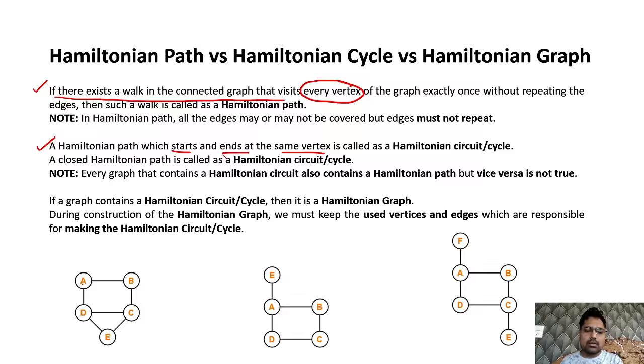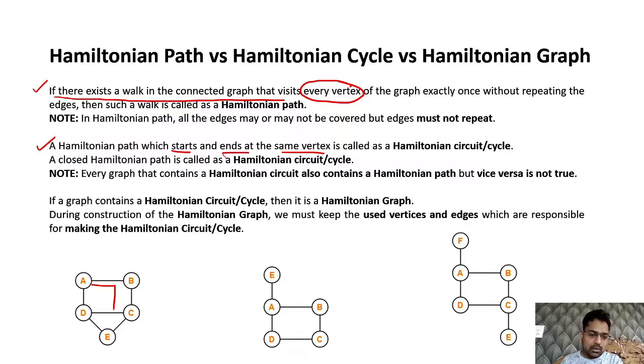Clear? But one more thing you should remember, a Hamiltonian path which starts and ends at the same vertex is what we call a circuit. Clear? If we have a Hamiltonian circuit and you remove any of the edges, that will convert it to a Hamiltonian path.